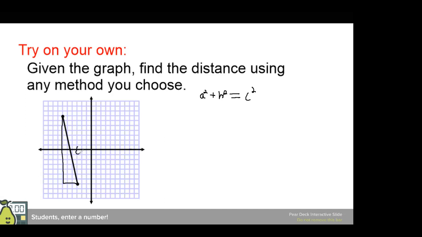So remember, c is the hypotenuse. So what's the distance here for a? How far is that? 3. Good. So we'll have 3 squared. This distance here is a little bit longer. 1, 2, 3, 4, 5, 6, 7, 8, 9, 10, 11, 12, 13, 14.